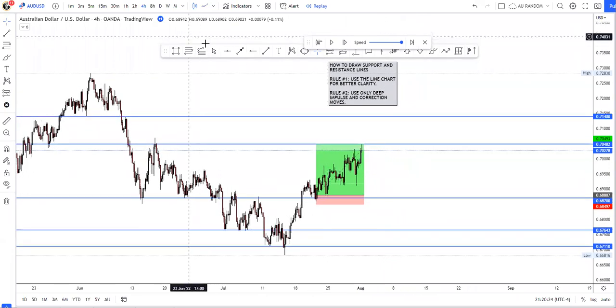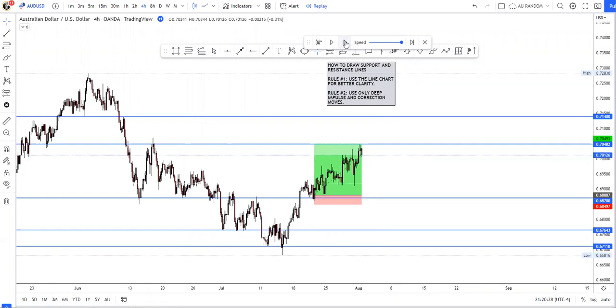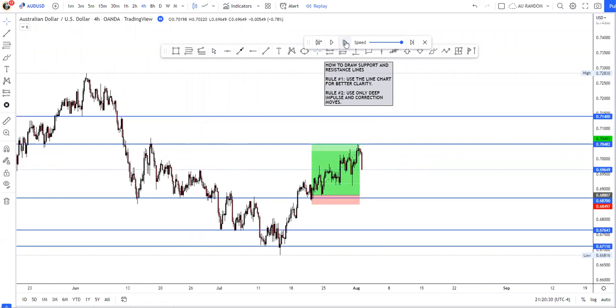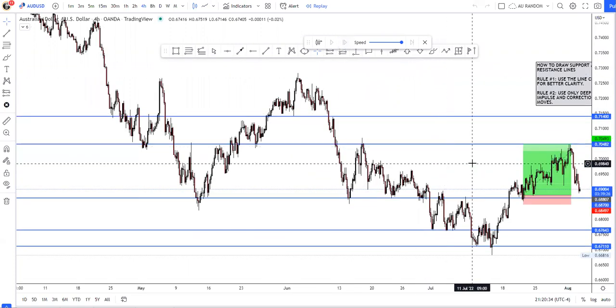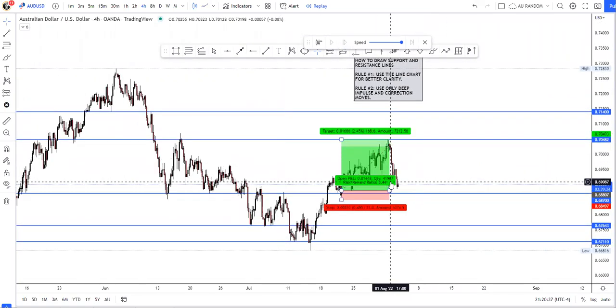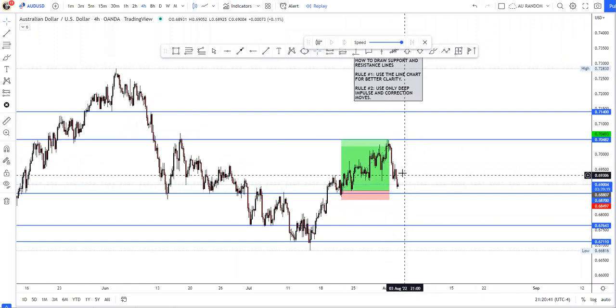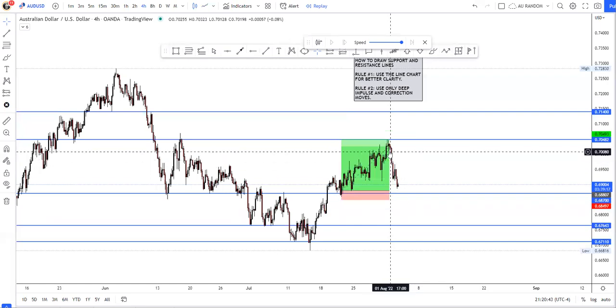So I'll play that out, and you see that price started to come right back down to where it is now. This was about August 1st.